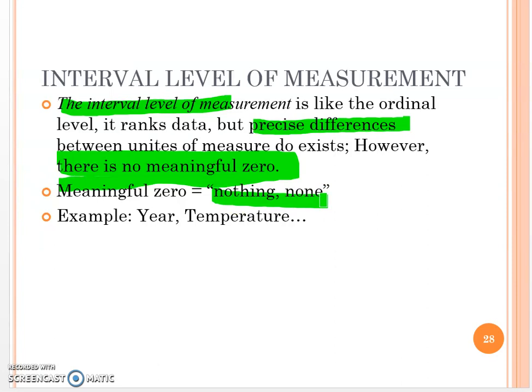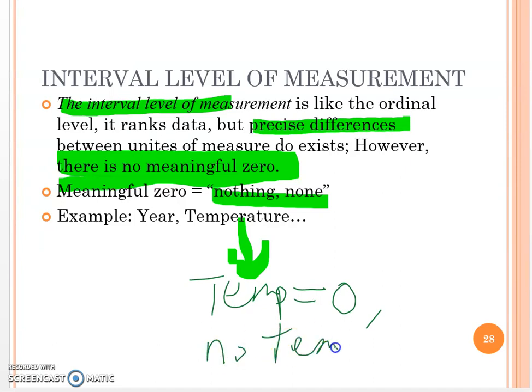So for example, temperature. If temperature equals 0, does that mean there's no temperature? No, it doesn't mean there's no temperature. There is still temperature.